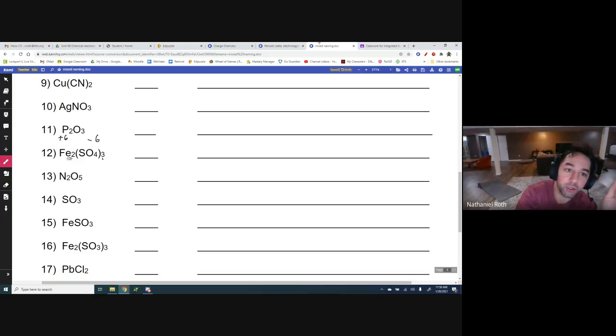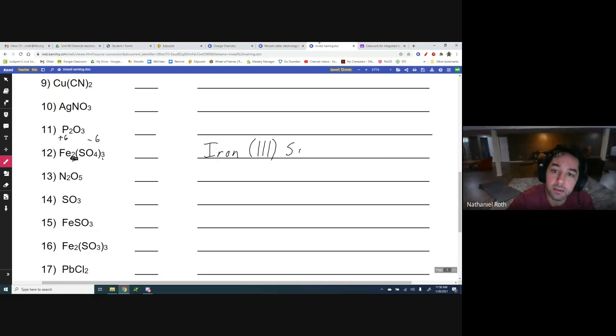Since we have 2 iron ions and they add up to have a charge of +6, each individual iron ion has a charge of +3. So that means our Roman numeral is going to be 3. So it's going to be iron(III) sulfate. Just like that. And I'm going to end the recording here.